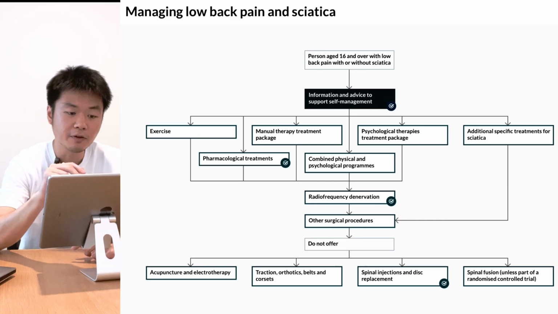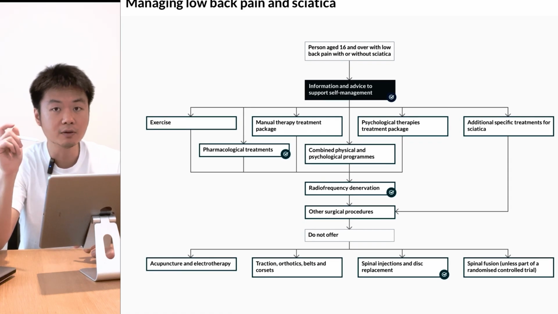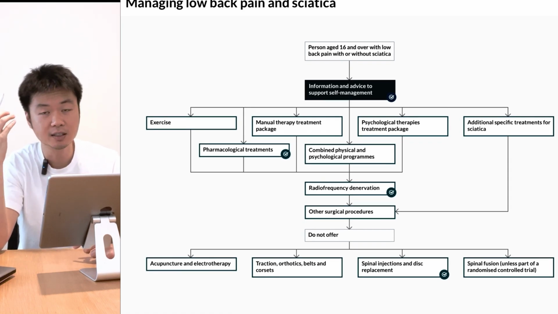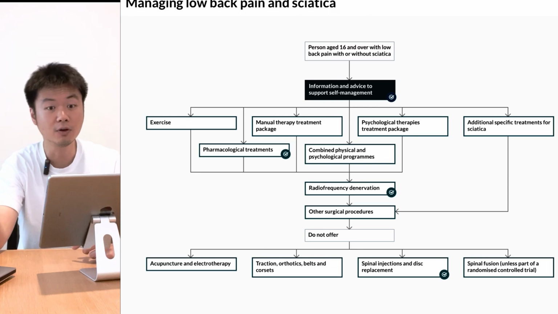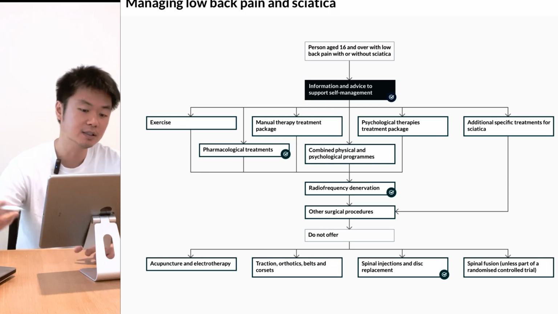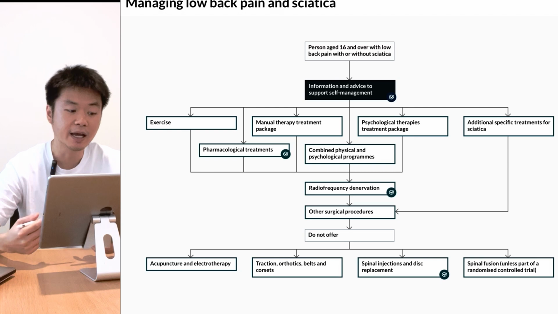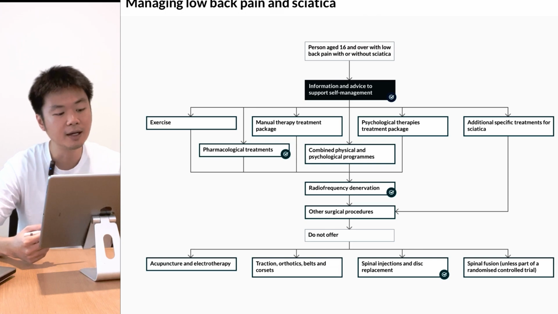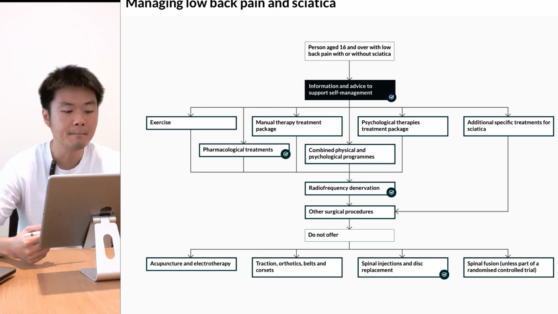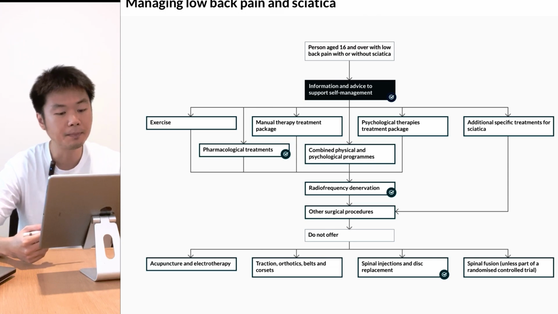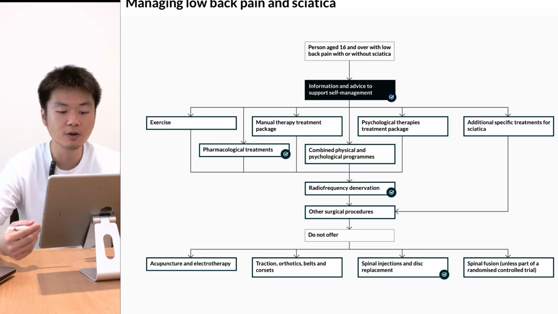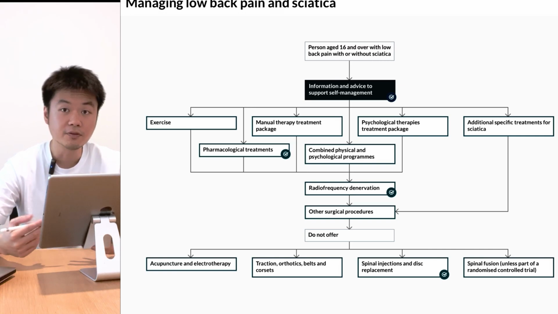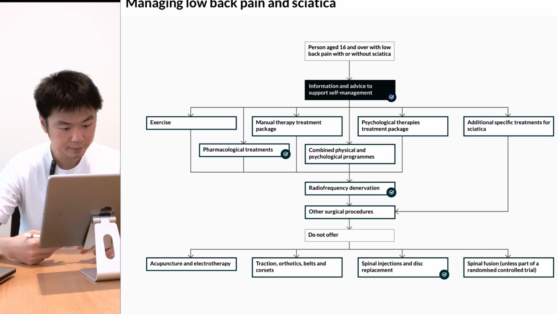So for anyone who has low back pain with or without sciatica, meaning radiation down the back of your legs, first thing first is you need to be educated and have advice to support self-management. And then exercise, manual therapy, or some painkillers, or some psychological treatment is the first line of treatment.